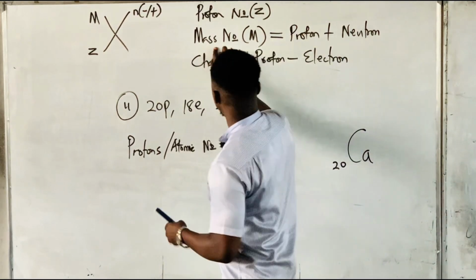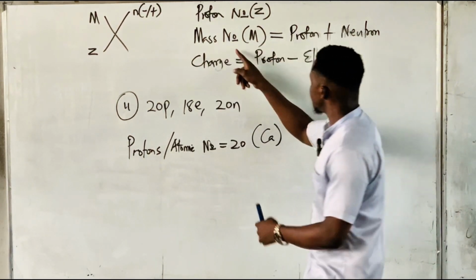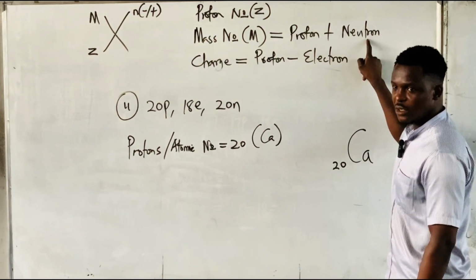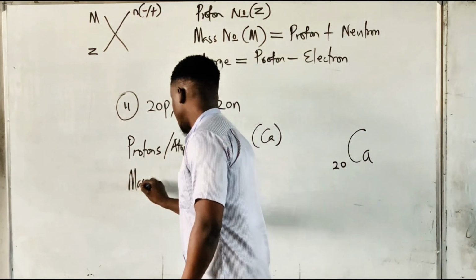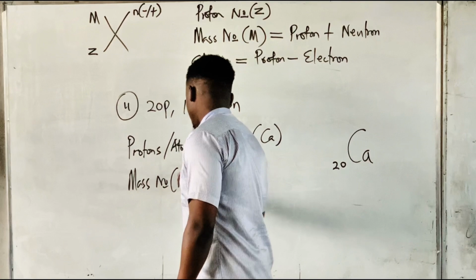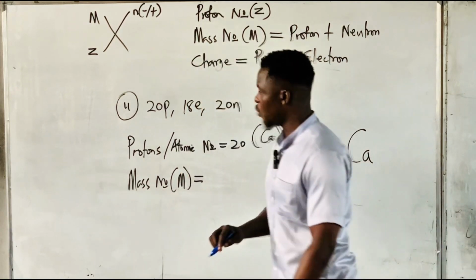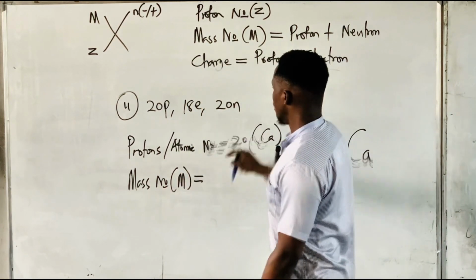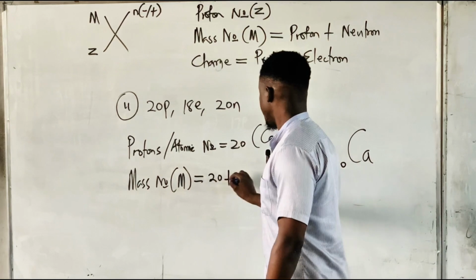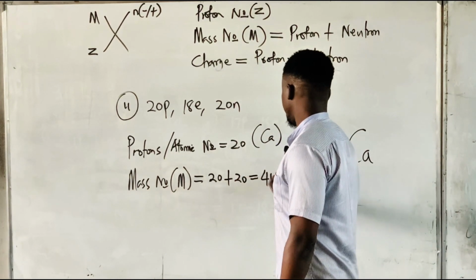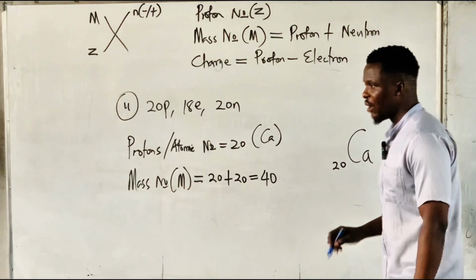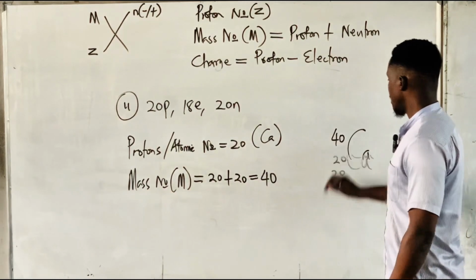So the next thing I'm going to solve for is mass number. Mass number has a formula of proton plus neutron, of course, which they gave us in this question. So I'll say mass number M is equal to, now proton is 20, neutron is how many? 20. That's how many? 40. So I'll come here, I'll put 40 here.